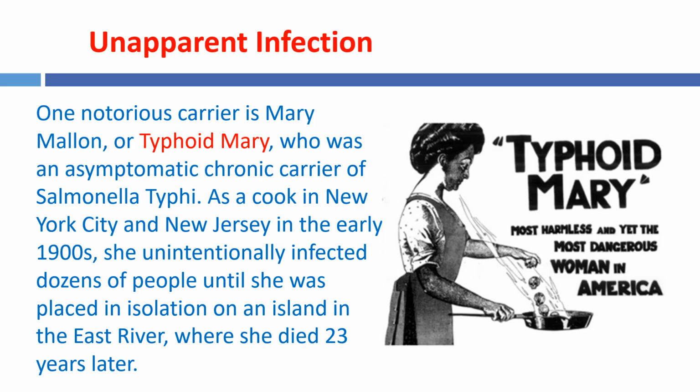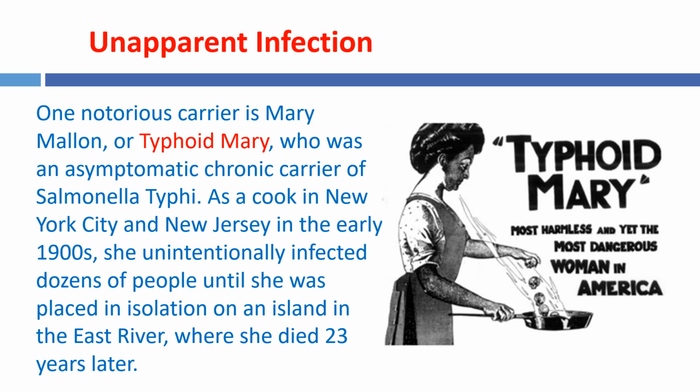One of the very important cases about unapparent infection is called Typhoid Mary. This is one notorious carrier. She was Mary Mallon, and they called her Typhoid Mary. She was an asymptomatic chronic carrier of Salmonella typhi.